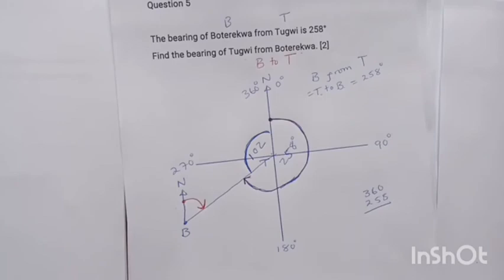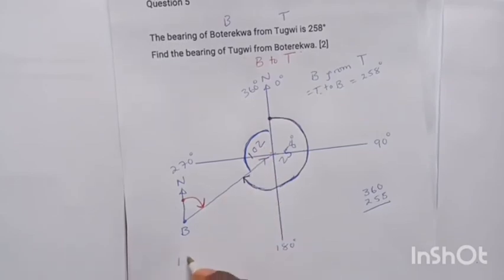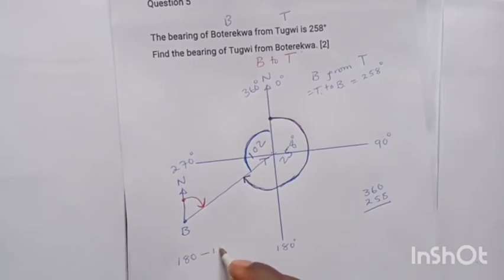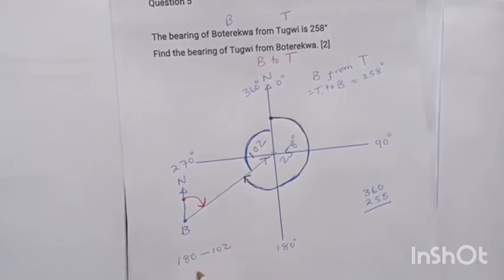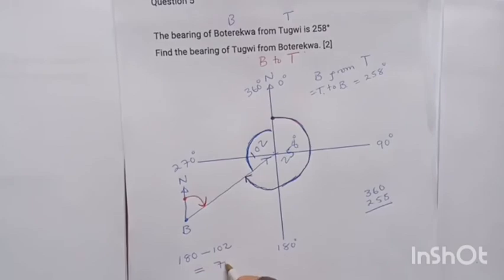Right. So to find the required bearing, I need to subtract 102 from 180 degrees. So 180 minus 102, you get 78. But remember, this is a 3-figure bearing.